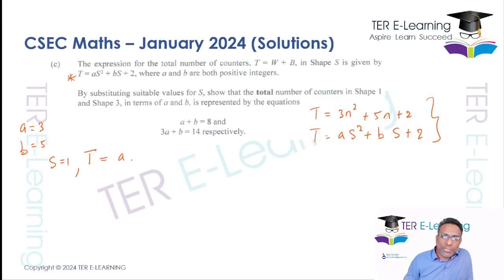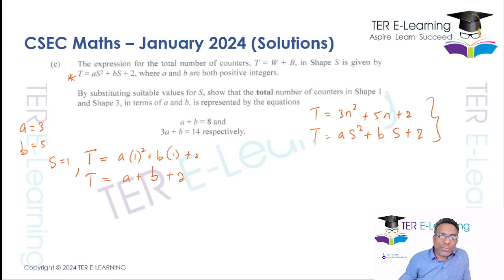So the total number of counters will be A times 1 squared plus B times 1 plus 2. So this is going to be A plus B plus 2, right?